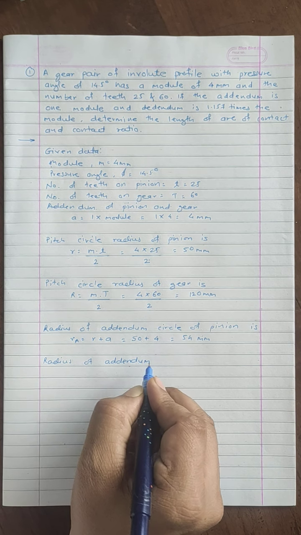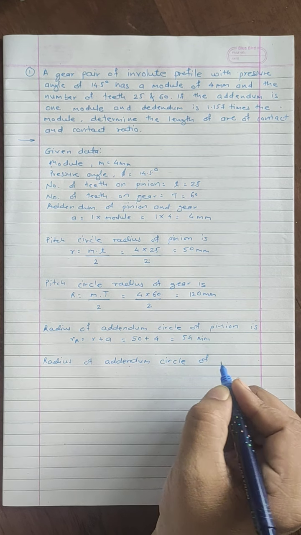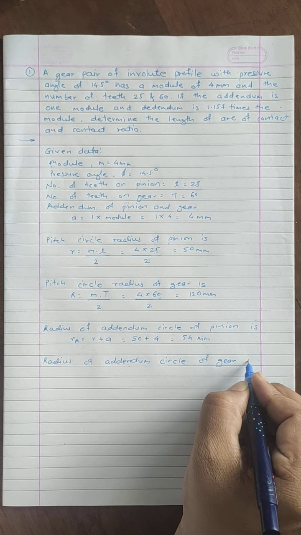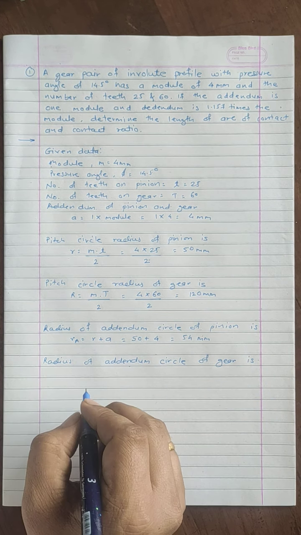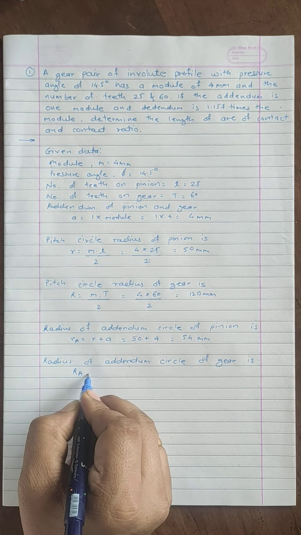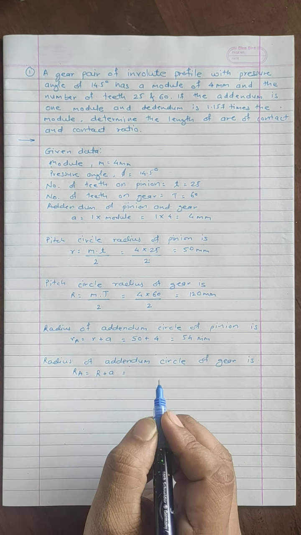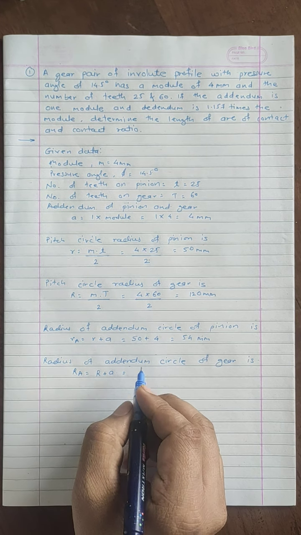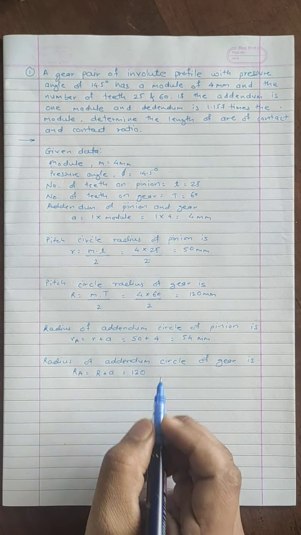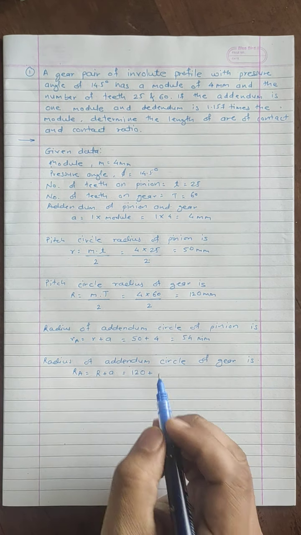On the same ground, we calculate radius of addendum circle of gear. Capital RA will be equal to capital R plus A. If you put the values, it will be 120 plus A, which is 4 mm.